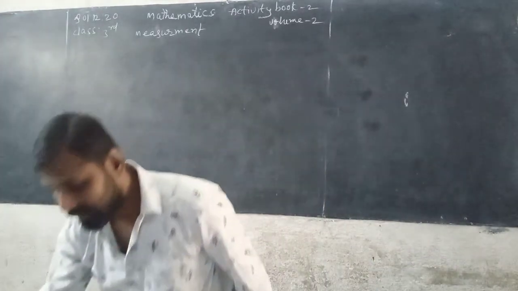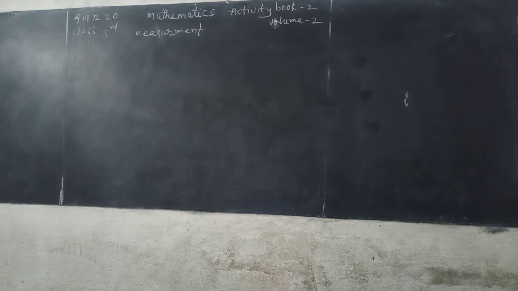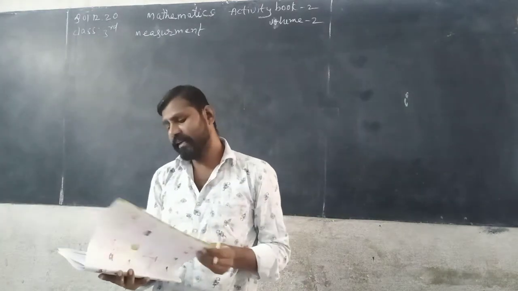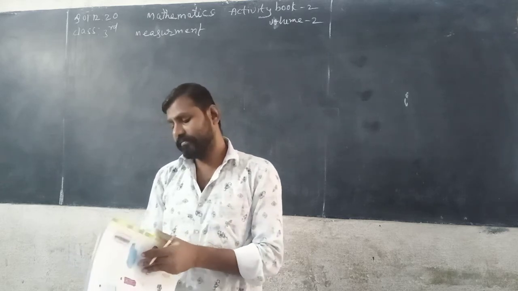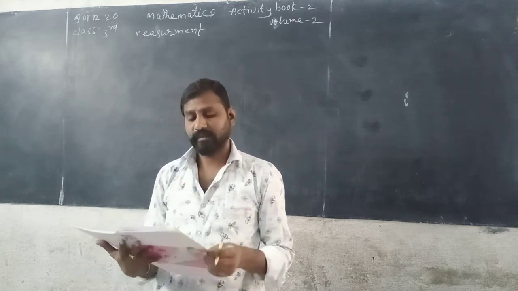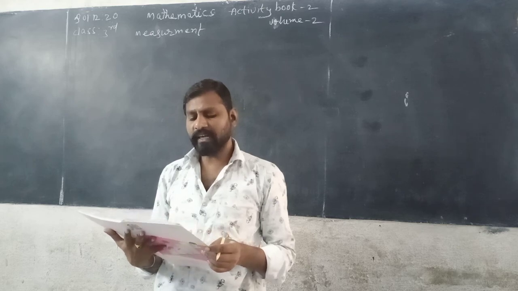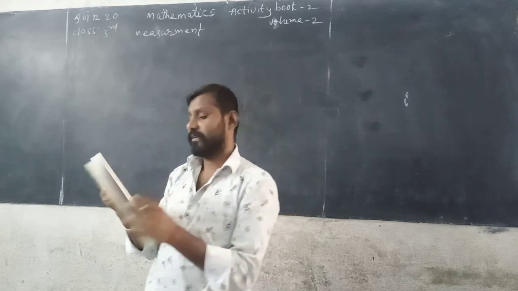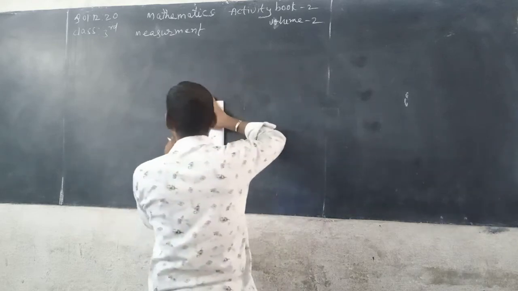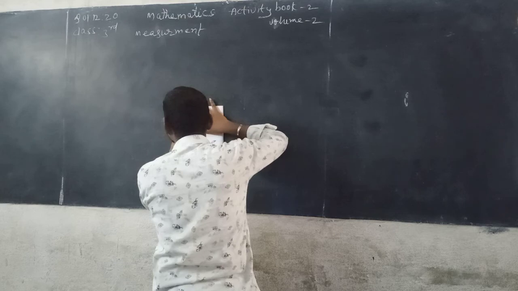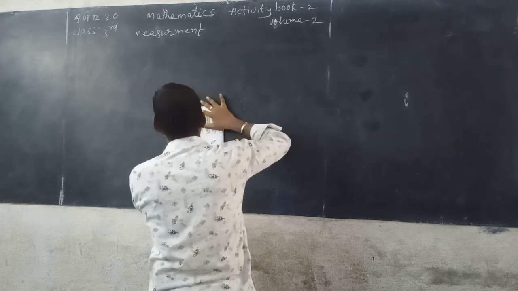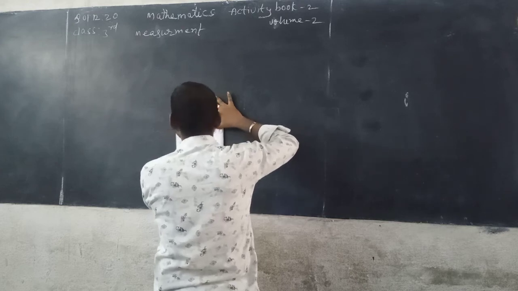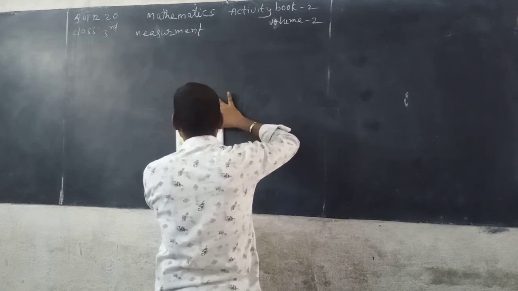Now next, page number 12. Note down the reading of the liquid level in each container. First one is 20 milliliters. Next one is 40 milliliters. Next one is 10 milliliters.